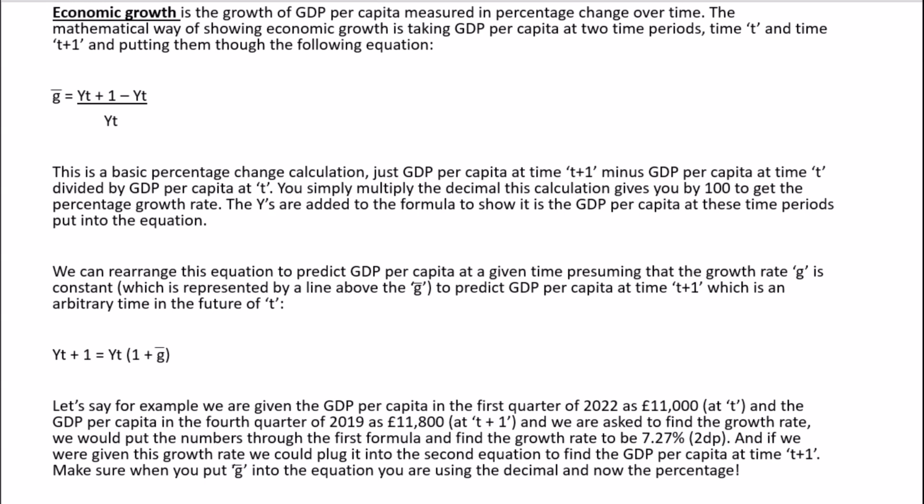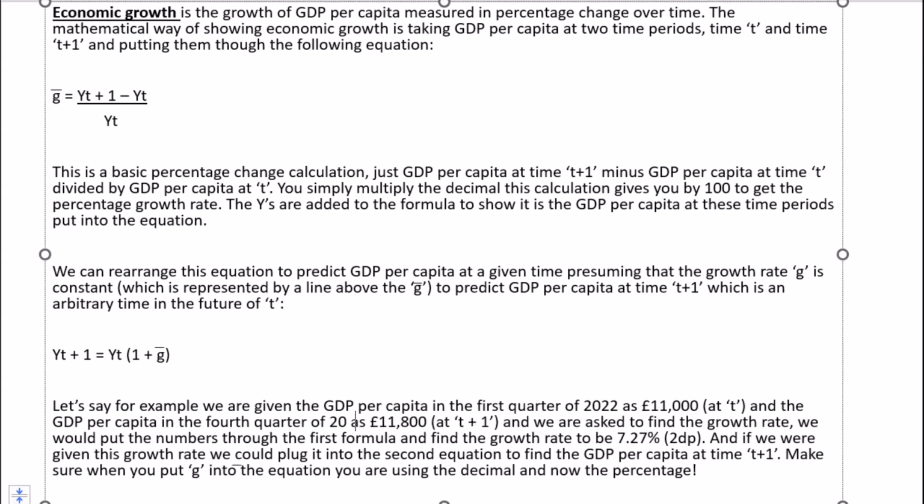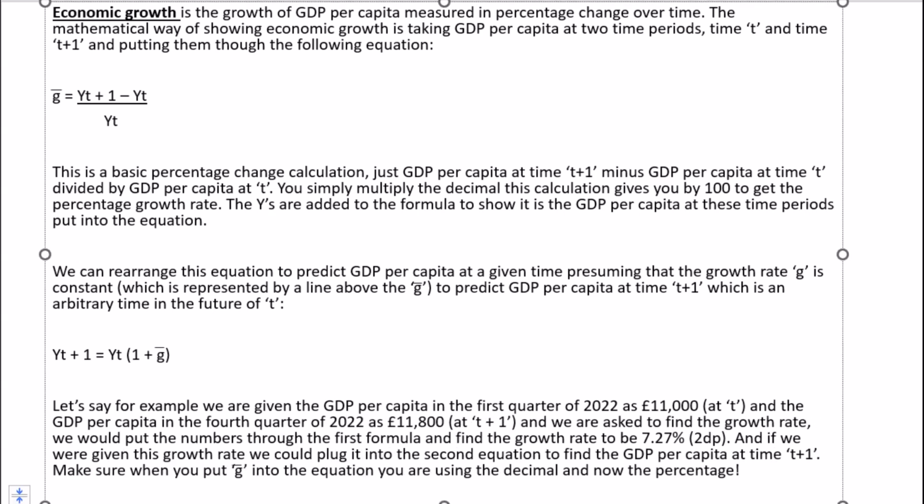That's another example there. Let's say, for example, we're given GDP per capita in the first quarter of 2022 as £11,000 at t, and the GDP per capita in the fourth quarter of 2022, sorry, it's my fault, as £11,800, and let's say that's time t plus 1.